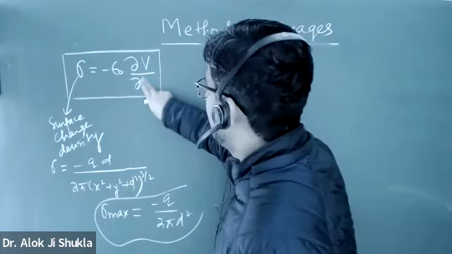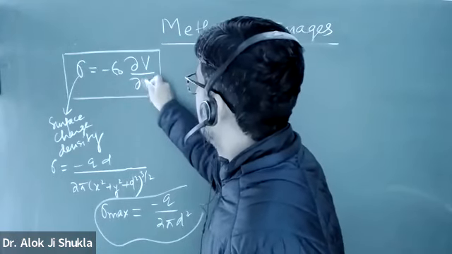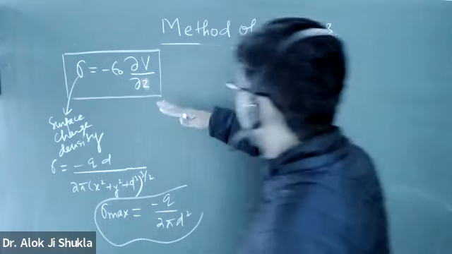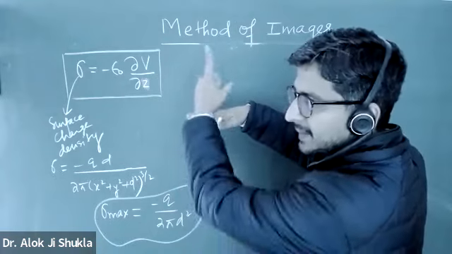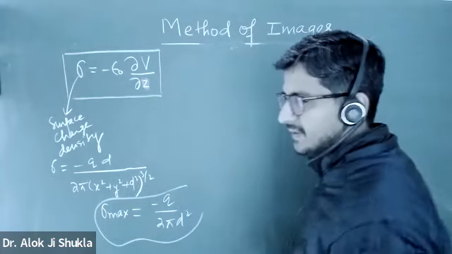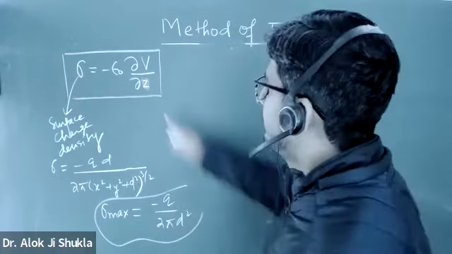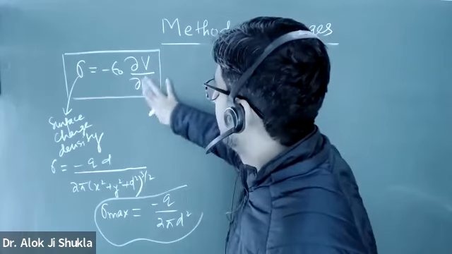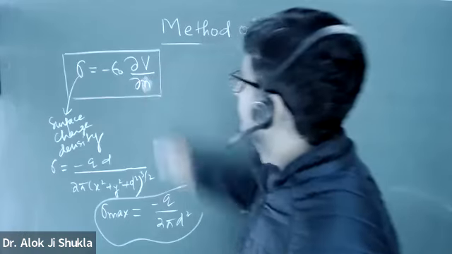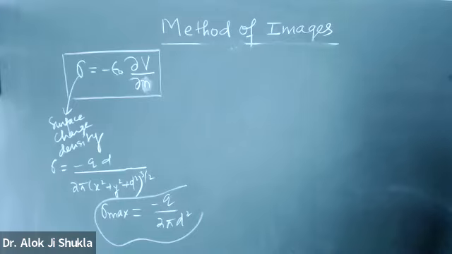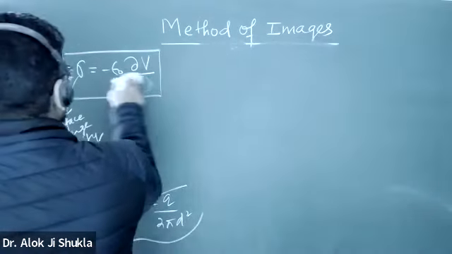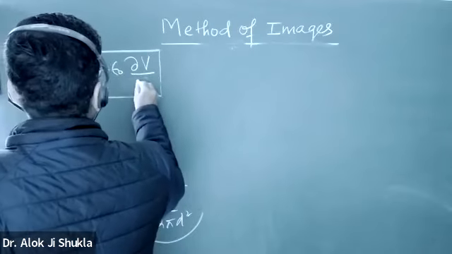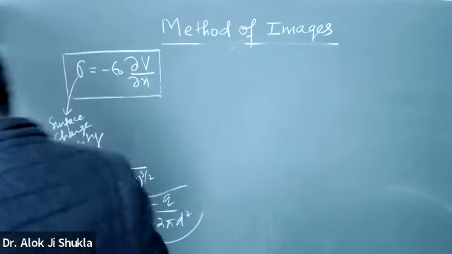So here it will be z. It is your xy plane, so you will be moving like this, perpendicular direction to the surface. Okay, Varun? Yes, sir. Perpendicular direction to the surface.